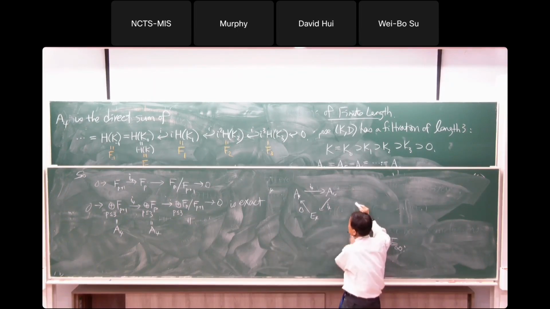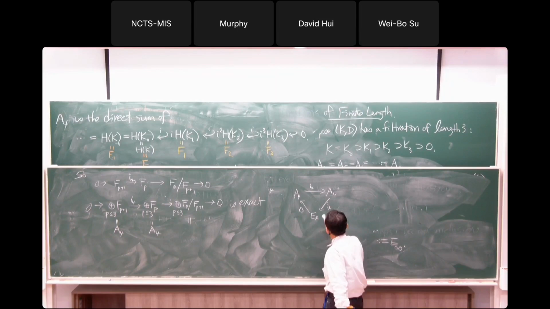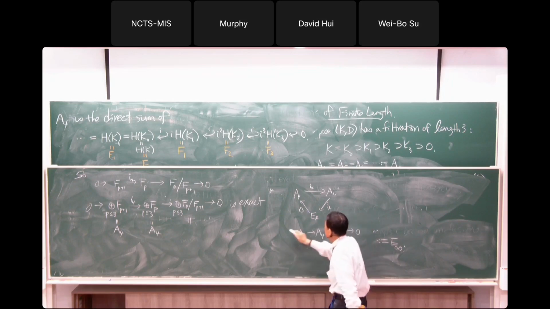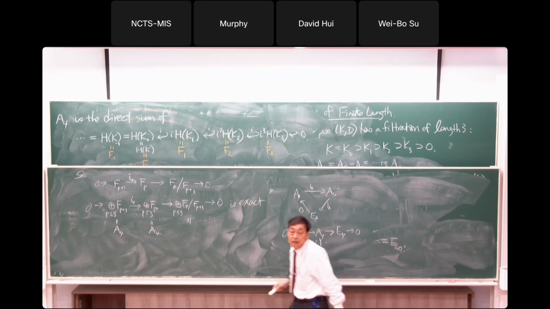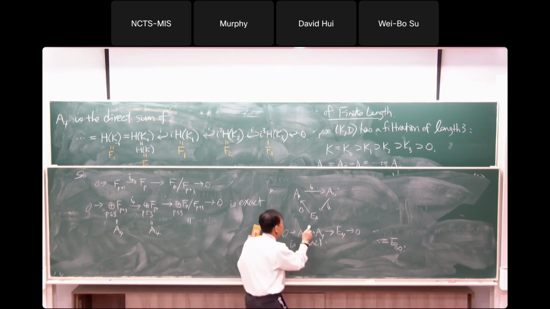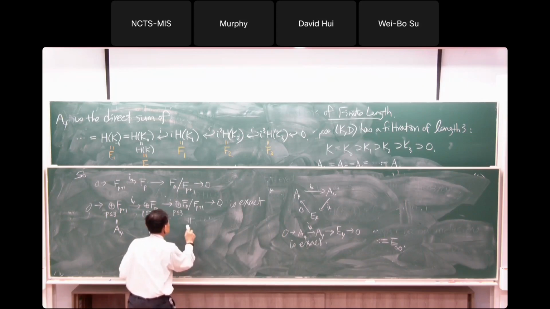So E4 is the quotient. Okay, that means E4 is the quotient of this A4 under this map, I4. Therefore, this is E4.